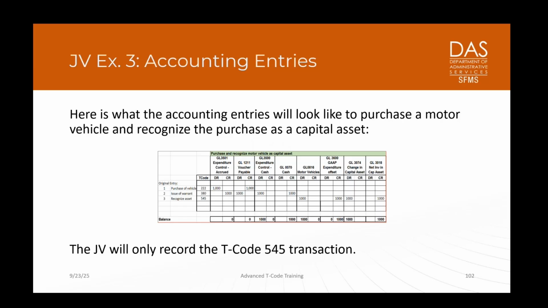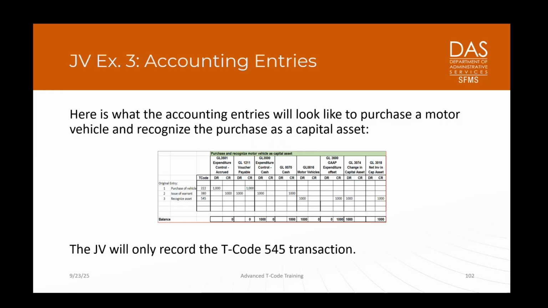And recognizing the asset with 545 looks like the proper option in this case, because we put in our motor vehicle, recognize our asset, and put our GAAP expenditure offset as a credit. We have GL 3074, change in capital assets, increased, because we bought the new asset.